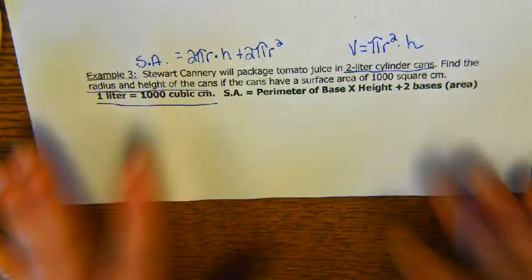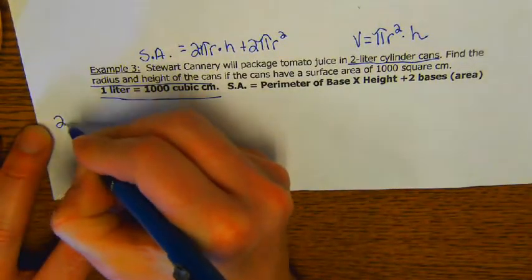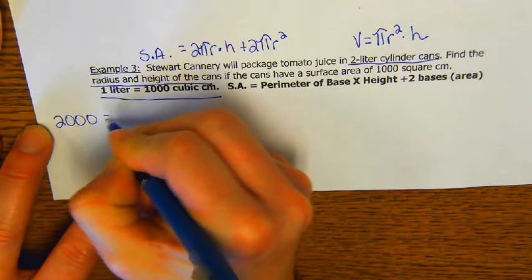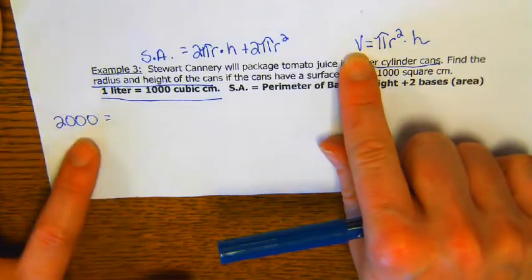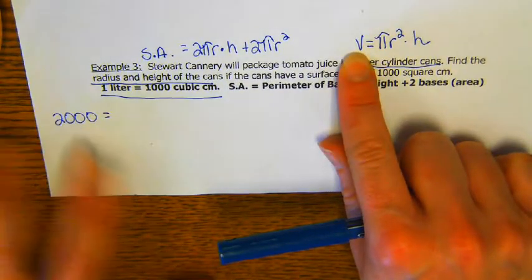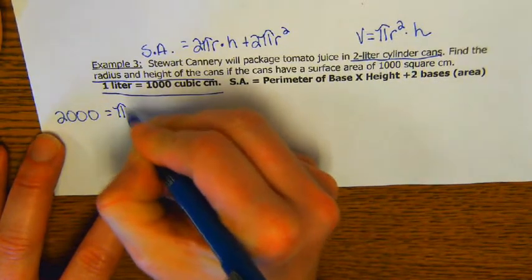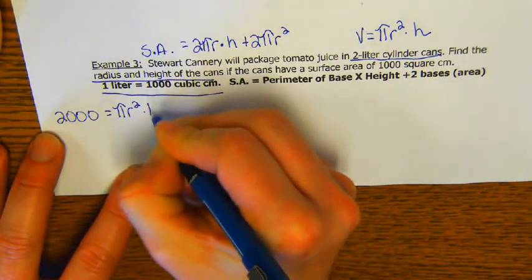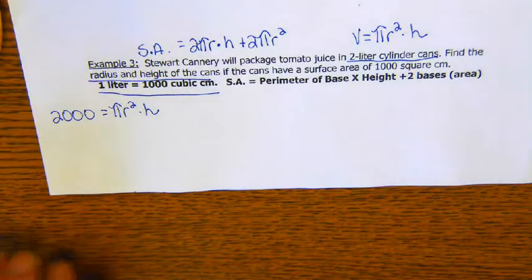So here we go. 2,000 equals, I just took out V and replaced it with the volume, pi r squared times h. We're going to get h alone.